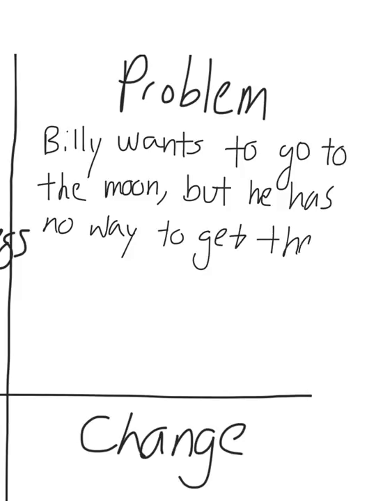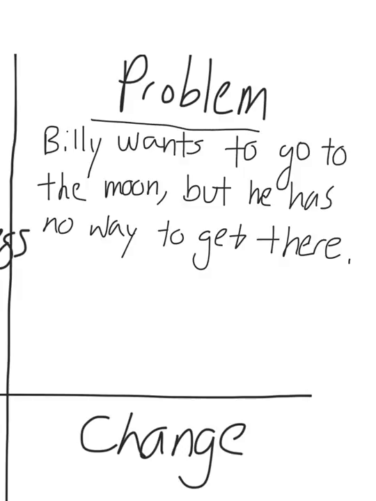Okay, so this is Billy's problem. He wants to go to the moon, but he has no way to get there. This is obviously a big problem. And Billy's a kid, and he wants to go to the moon, but there's nothing there. So we know what kind of person he is, and we know what his problem is.